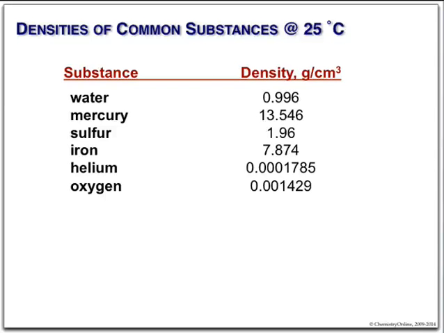Remember, a liter is 1,000 cubic centimeters, so it's 1/1000th of these numbers. But they're very, very small if we do it this way, 0.17 grams per liter or 1.4 grams per liter. Helium is less. That's why helium balloons float.